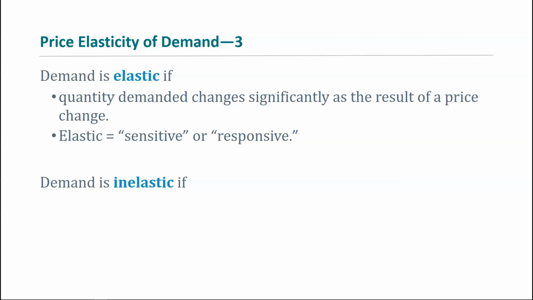Think about what you know about the word elastic in the English language, right? A rubber band, we call it elastic. Why do we call it elastic? Because it changes a lot with just a tiny little tug, right? It moves a bunch. It's very movable. It's very sensitive to just a tiny tug. And in terms of price elasticity of demand, that price change is the tug, right?